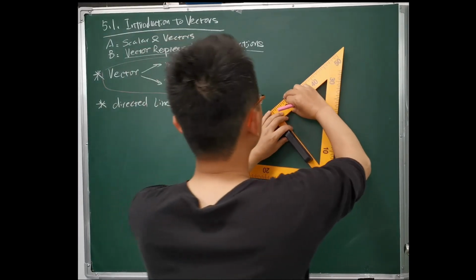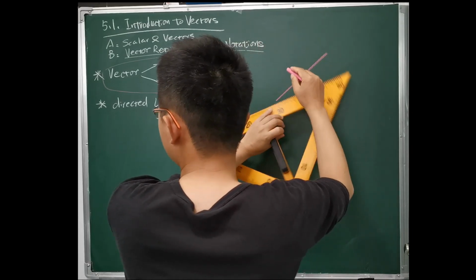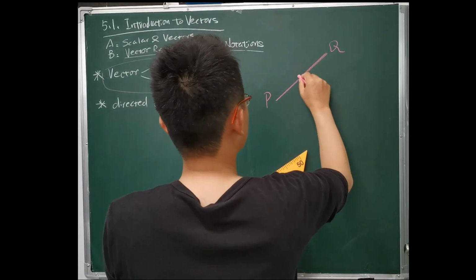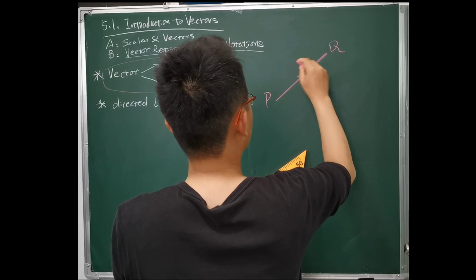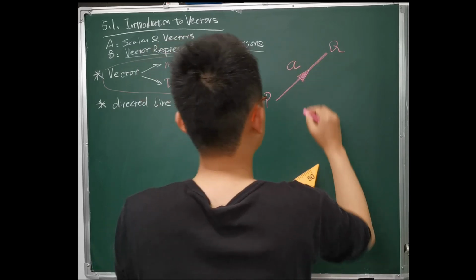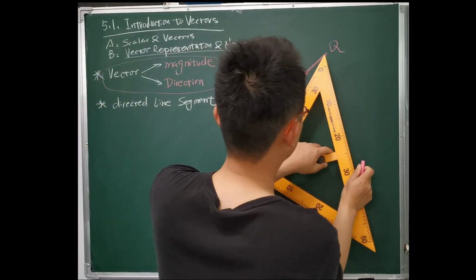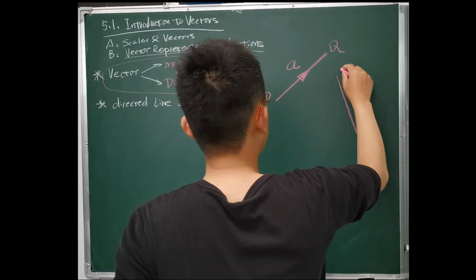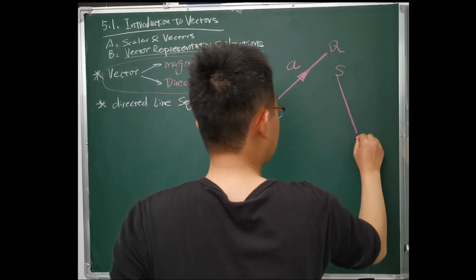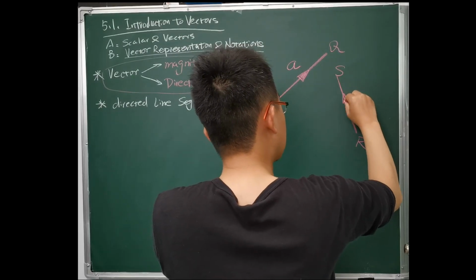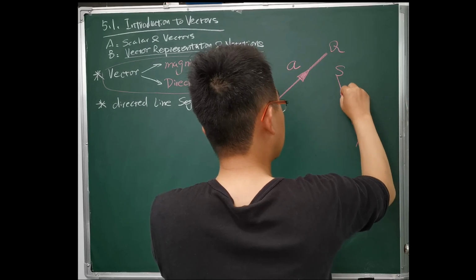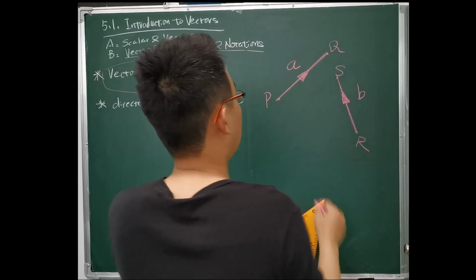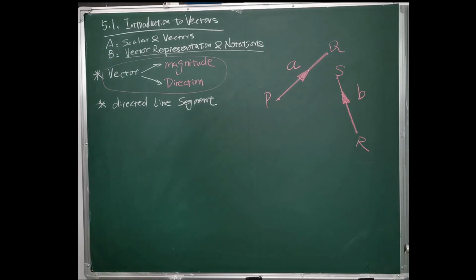For example, we have a line here, in this direction from P to Q. So they have a direction here, and then they have a length, but we call it A. There's another line here, so we can represent it as from R to S. The direction is this way, and we call it B. These are all points. We have these two lines.